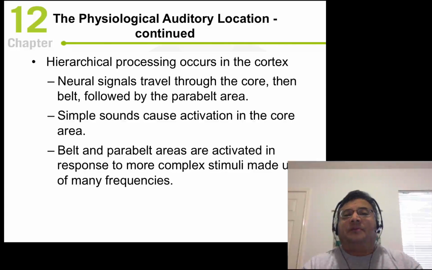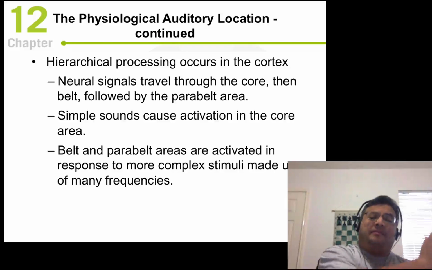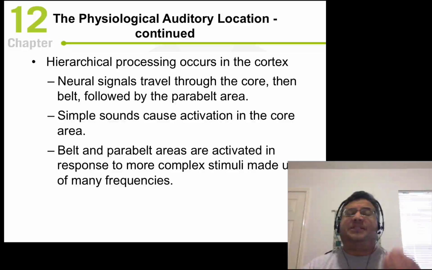Very simple sounds, like a simple tone, cause activation in the core area. But more complex sounds, like music, for example, activate more complex areas in the belt and the parabelt area. So the more complex the thing you're listening to, the more activation you have in deeper and deeper layers in your cortex.